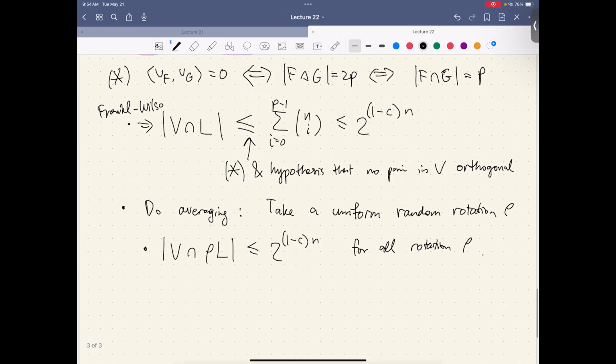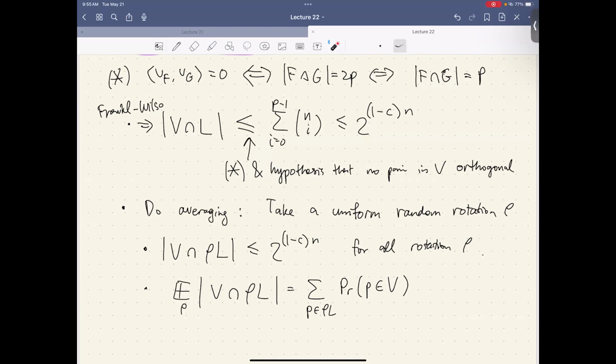That's on one hand. On the other hand, if you look at the expected size of this guy, expected size over this uniform random rotation rho, what do we know? Well, this is basically the sum over a point P in rho L, if you want to write it, of the probability that this point lies in the set V, right?